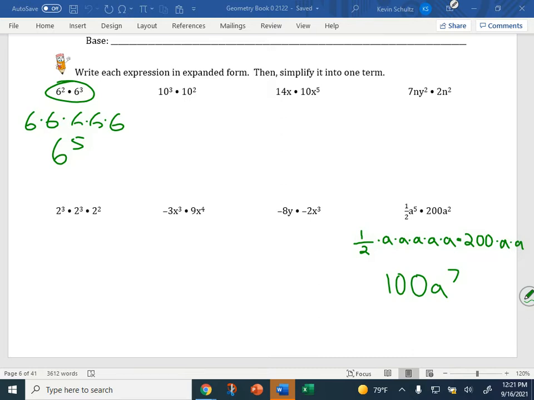Others on this page that look particularly entertaining? Yes? I just have a question. So like on the 14x times 10x, would you just do 14 times 10 and then add the x's? So written out in expanded form, right? Because you have to do that too. Yes, you would take 14 times 10, which is 140.